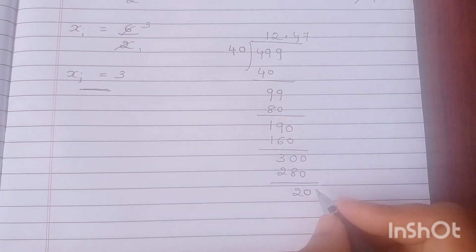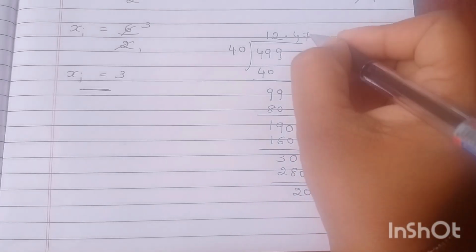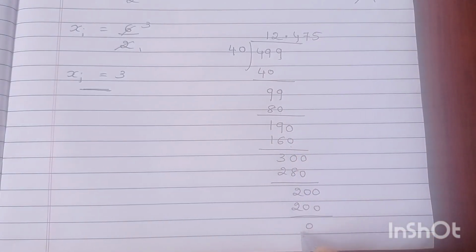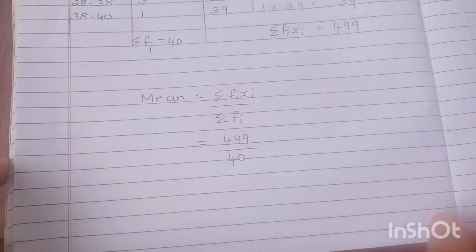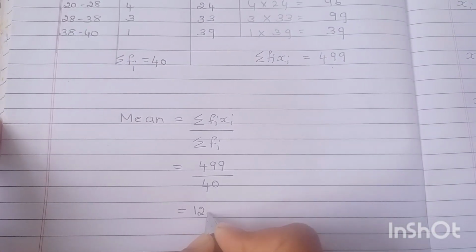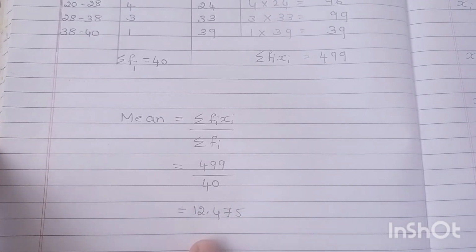Already we have a point, so we can take 0 and it becomes 200. 40 fives are 200. 200 minus 200 is 0. That is, our answer is 12.475.